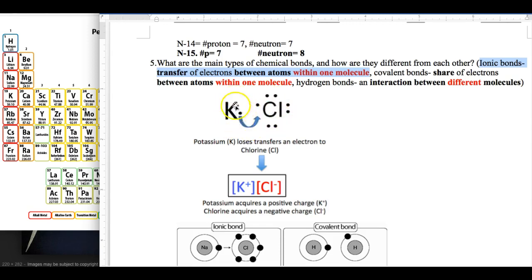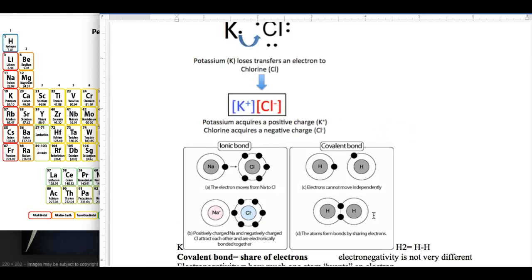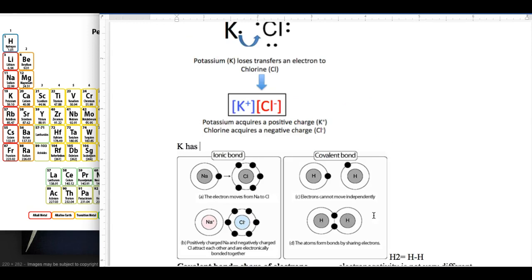The K has 1 electron on the outermost shell. Cl has 7 electrons on the outermost shell. In order for both atoms to be stable together, this 1 electron will be transferred from the K to the Cl, which means the K has 1 less electron, and the Cl has 1 more electron.